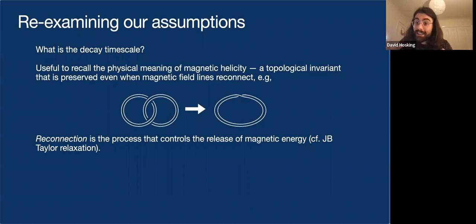The fact that they reconnect allows them to drive flows, because if you imagine a magnetically dominated stochastic magnetic field that's all very tangled up, there's no guarantee that it has the freedom to drive flows. Magnetic energy can only generate kinetic energy if it can break its topology, if it can reconnect. But the point is that those reconnections preserve helicity. That's the physical reason why magnetic helicity is an important quantity.